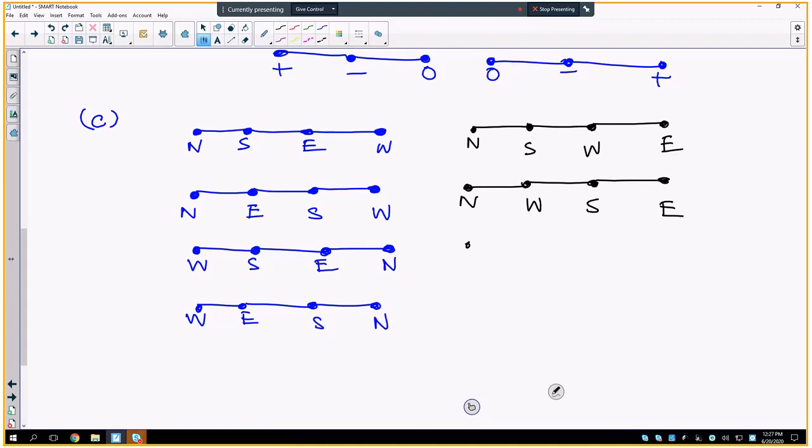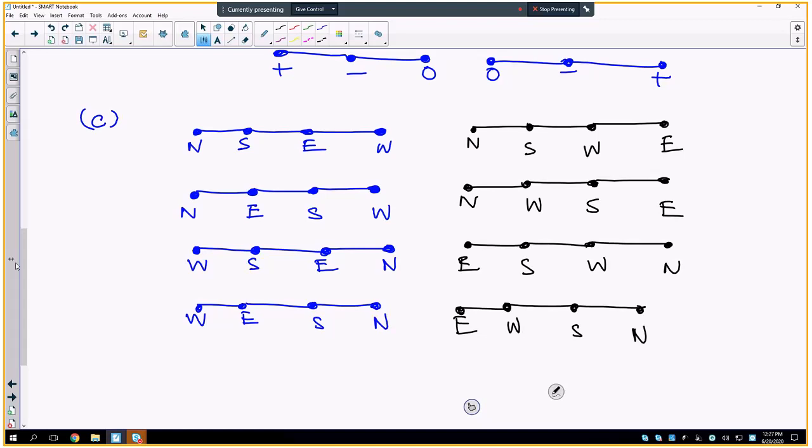I can get east, south, west, and north, or I can get east, west, south, and north.